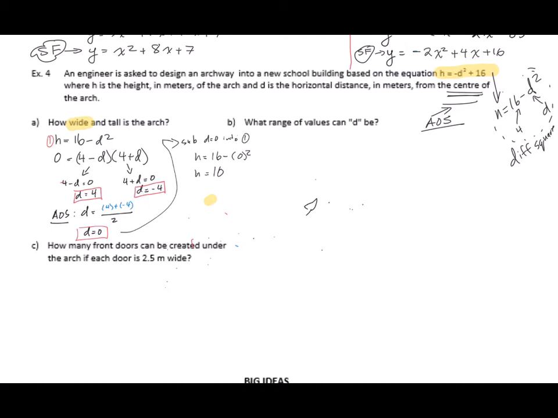So, based on all that information that we just calculated, we have the following. If we want to find the distance between d is 4 and negative 4, that horizontal distance is going to be 8 meters.